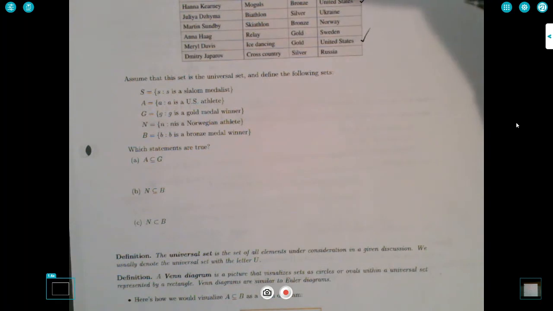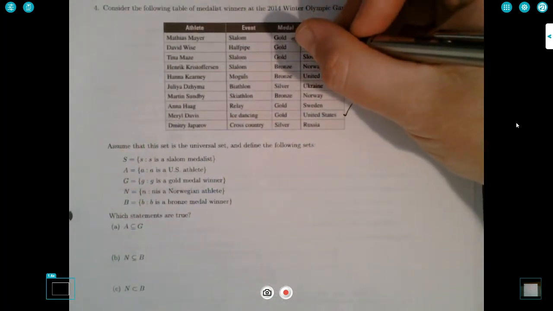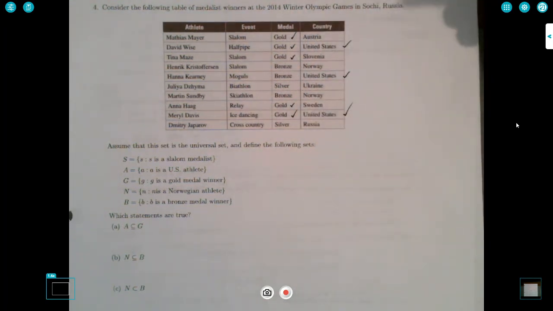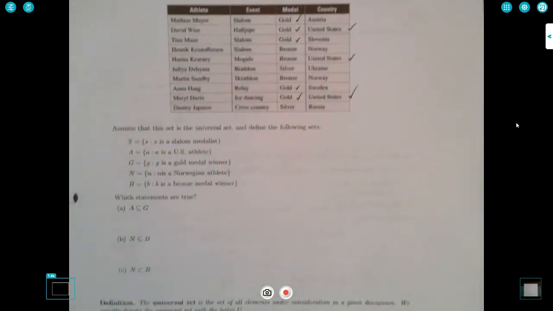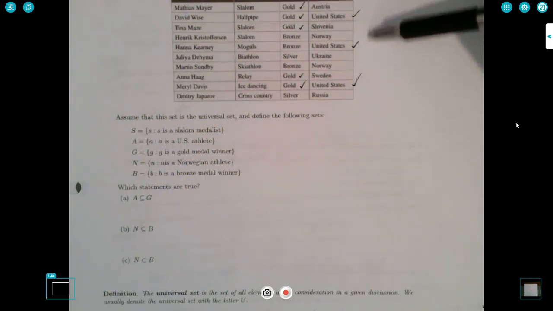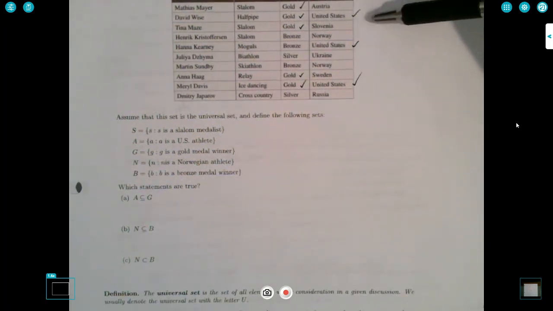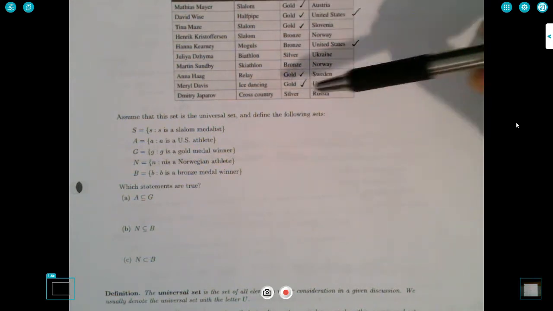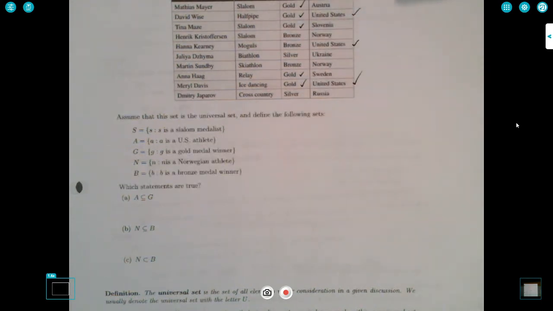G is the set of gold medal winners, right? So G would be this, and this, right? So the question is, are there any elements of A that are not elements of G? Because if so, then A is not a subset of G.